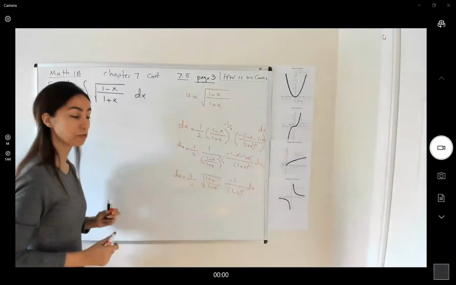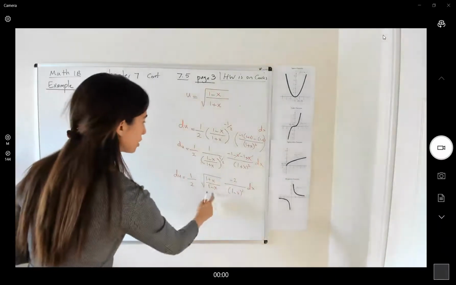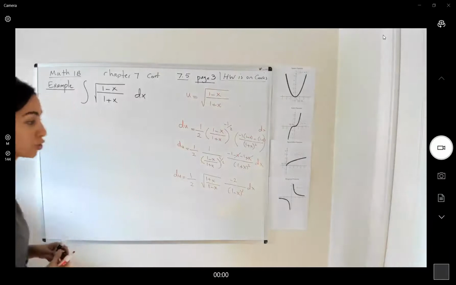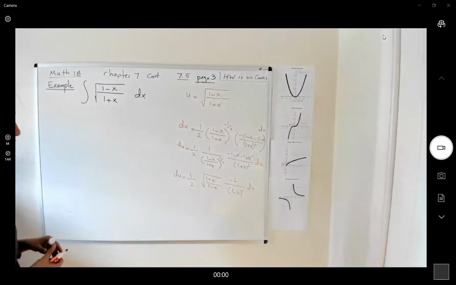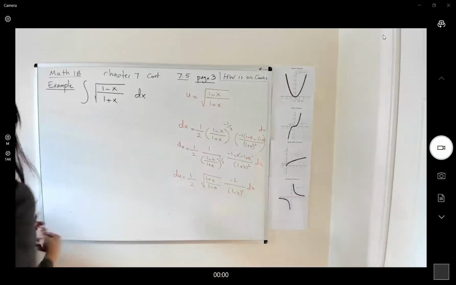Of course, we can simplify this more. You can combine these two denominators, 2 plus a half, which is 3 halves. You get (1 minus x) times the square root of (1 minus x).